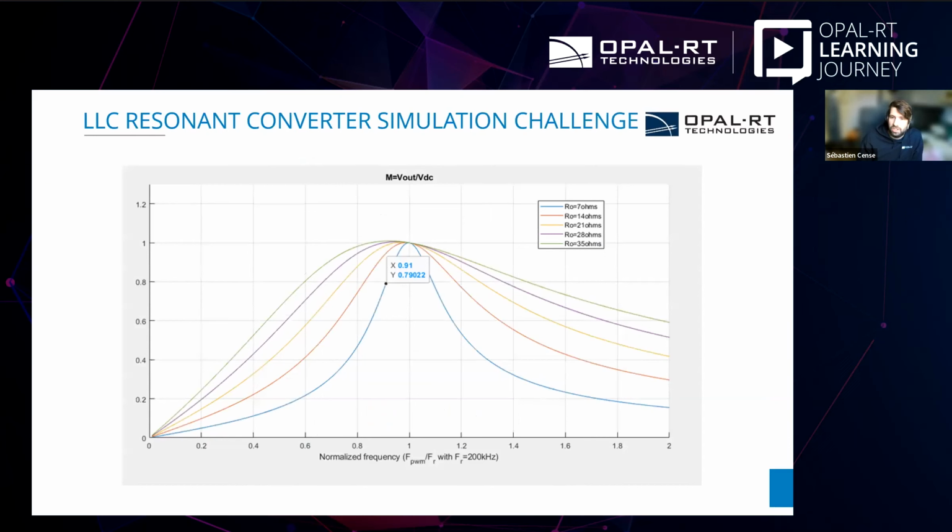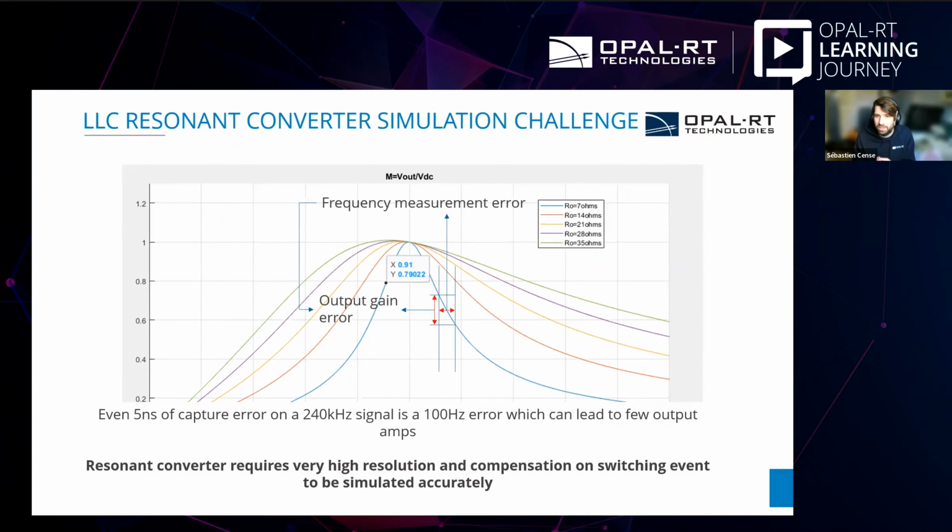The first challenge is the resolution that you need on the switching event. The resolution that you need when you capture a switching event in the simulation has to be very, very large.